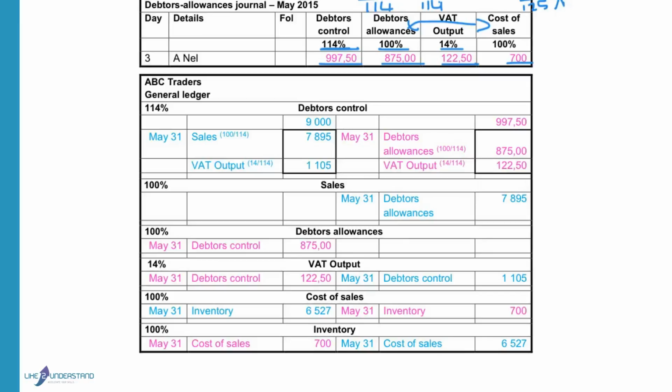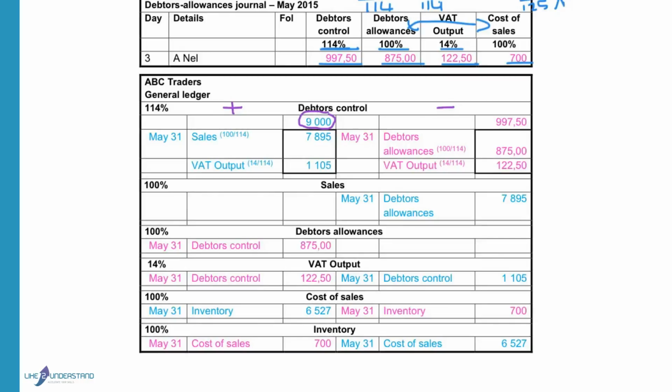When we post the entries to the ledger, we will take into account that the debtors is an asset. Assets increase on the debit side and decrease on the credit side. So when we sell goods, we will show the total amount that the debtors owe us, 9,000 in the debtors control.